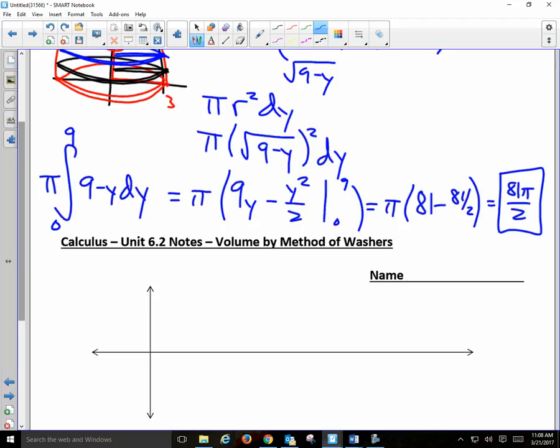Number 7. Number 8 is the tricky problem. Number 8, just a hint, you have to set up 2 integrals for number 8. Number 7 is 1,296 pi over 5.